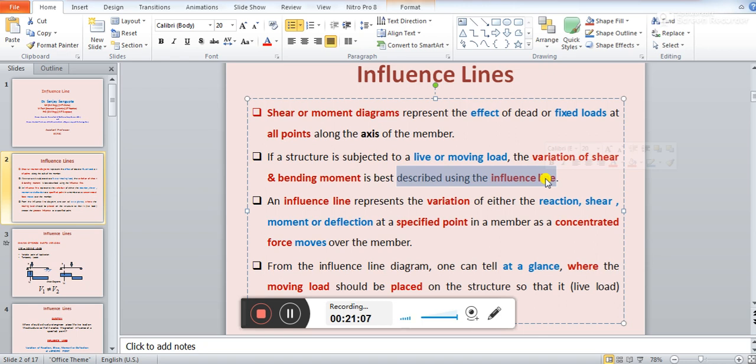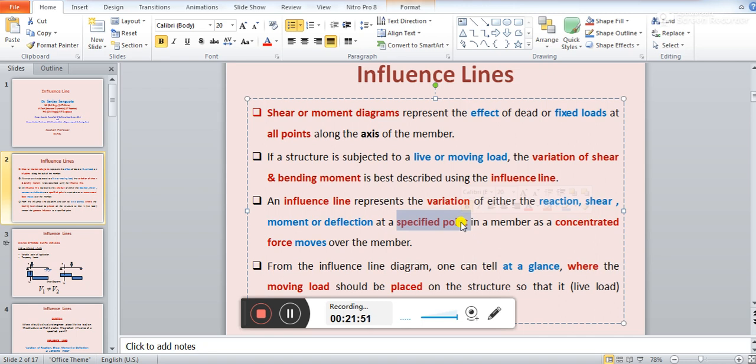At a specified point in the structure or member, if you want to find out, because of the movement of the load, the variation of reaction, shear, moment, or deflection, the same can be described using influence line.